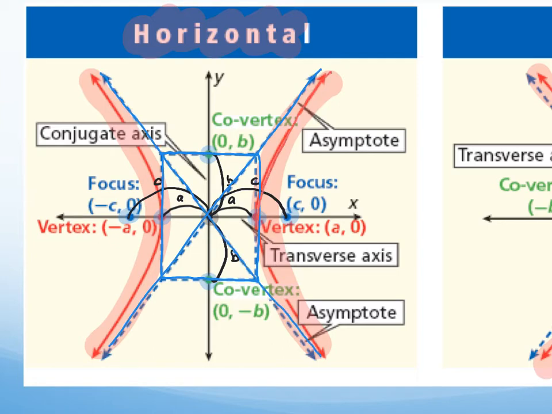Then you can make your branches in those spaces. We'll definitely have a lot of examples on that, but this is where it comes from. The B, again, is called the covertex. So A is the vertex, B is the covertex, and C is your focus.